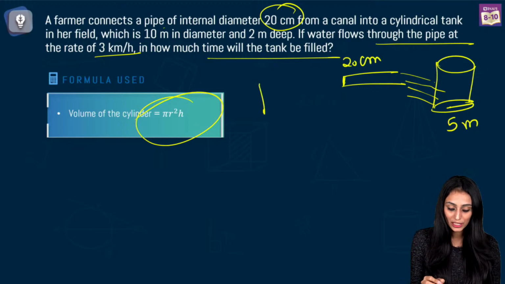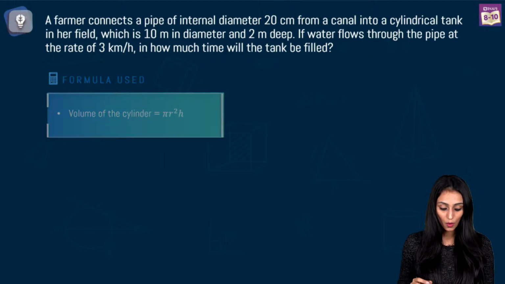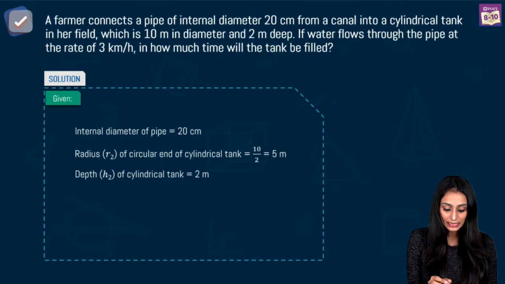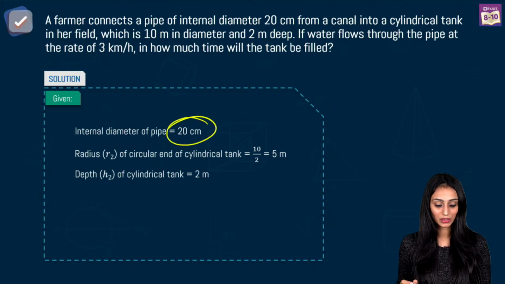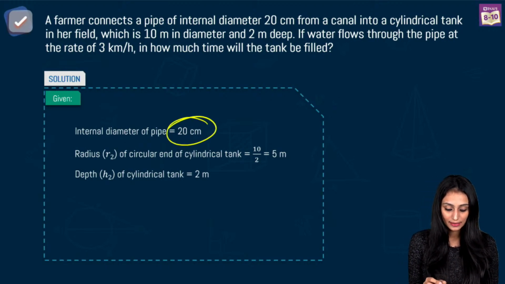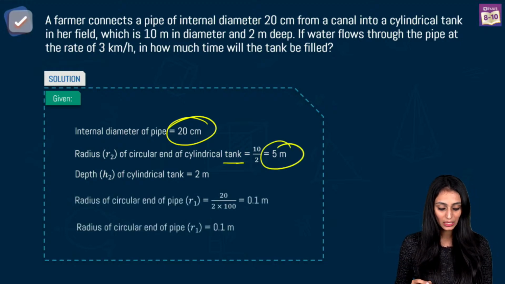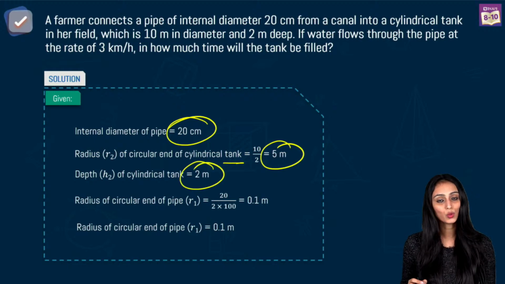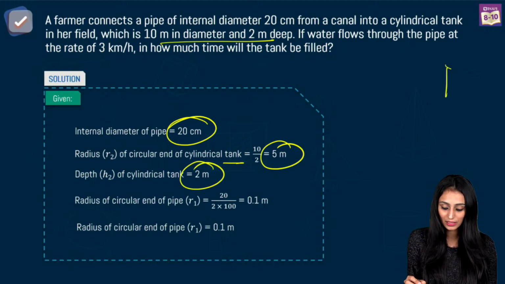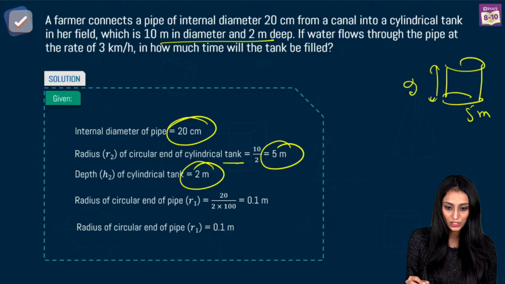For the cylindrical tank, the radius R2 is going to be 5 meters, and the depth of the tank is 2 meters.